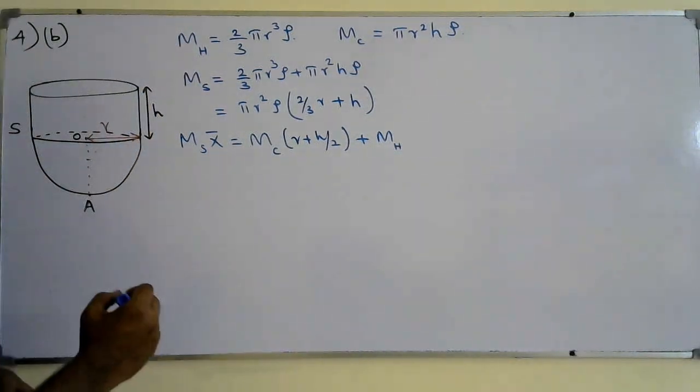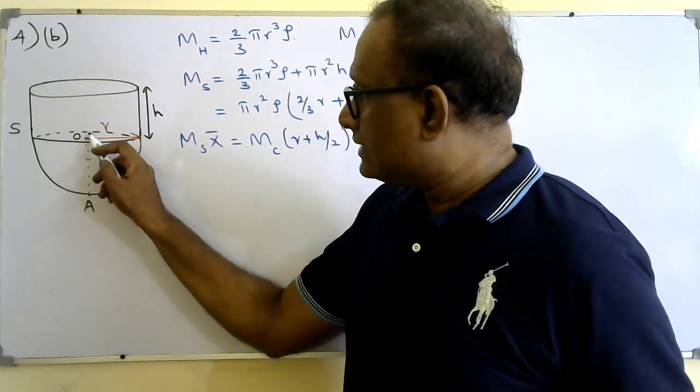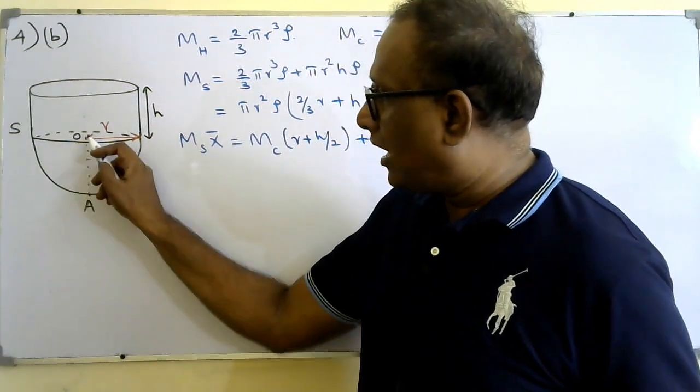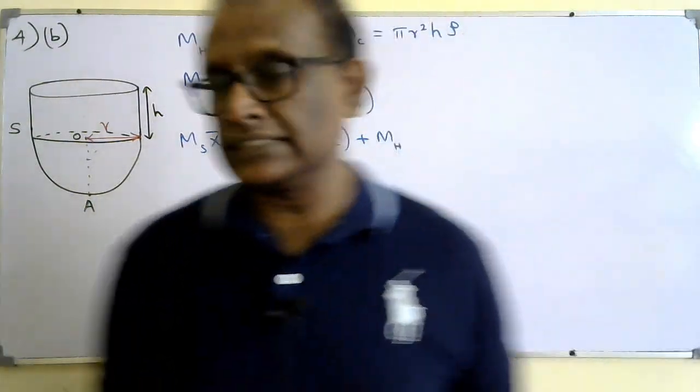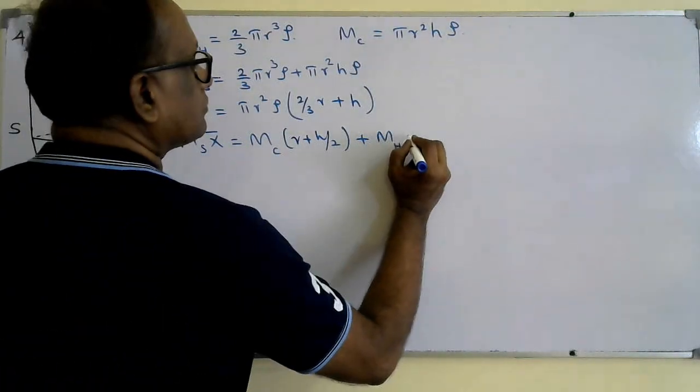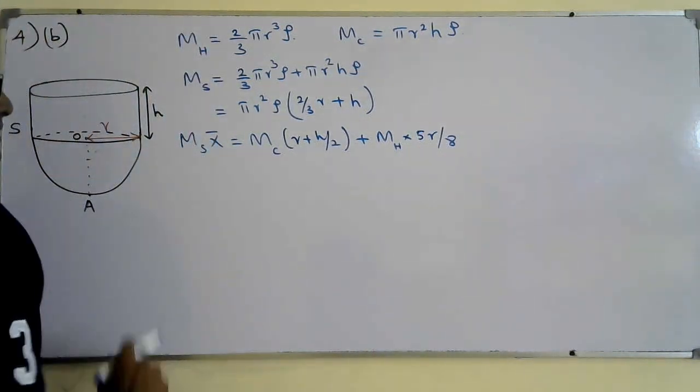We found it from O, that is 3r by 8. This is r, so from A, r minus 3r by 8, that is 5r by 8. Okay, substitute everything, you will get the answer.